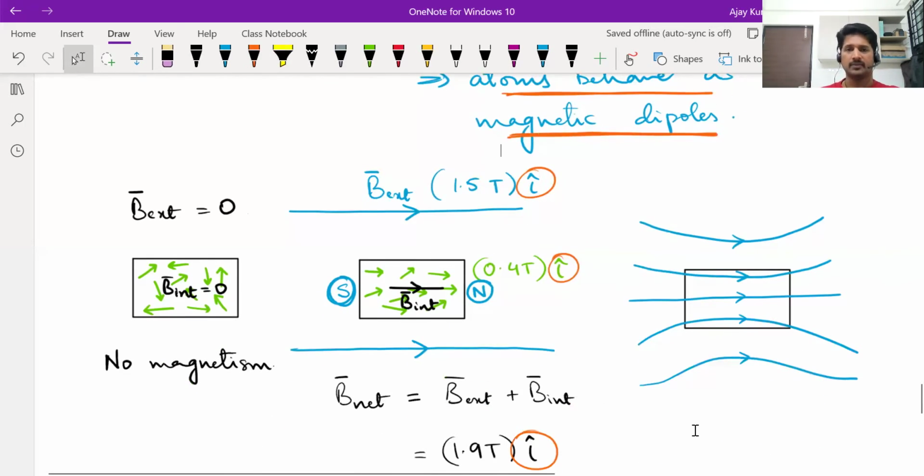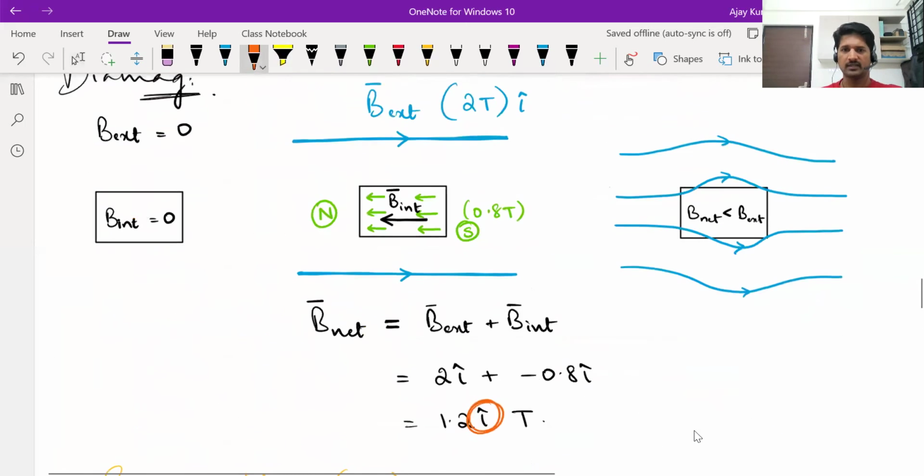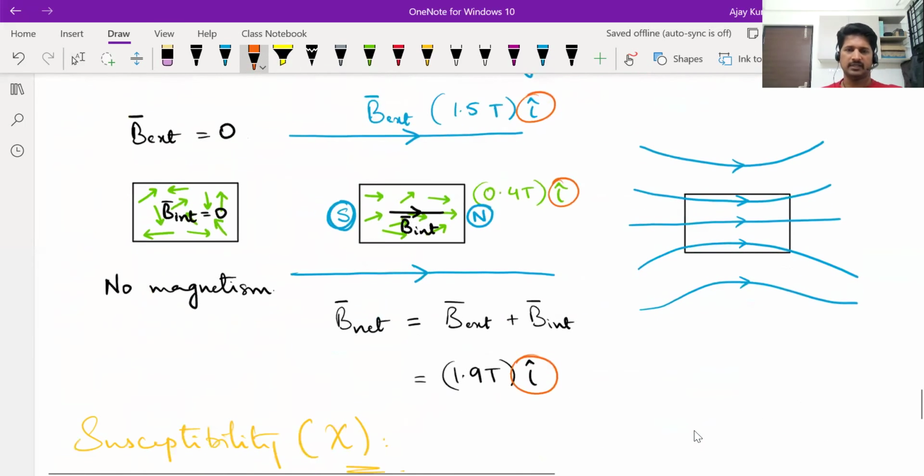Now, when you increase the temperature, that alignment gets disturbed. Now you see, they're all not perfectly aligned. They are still in random directions only, but tilted towards the direction of external field. Not like diamagnetic. In diamagnetic, they were all strictly opposite to external field. Here it's not exactly in the same direction as the external field. There is still some tilt.